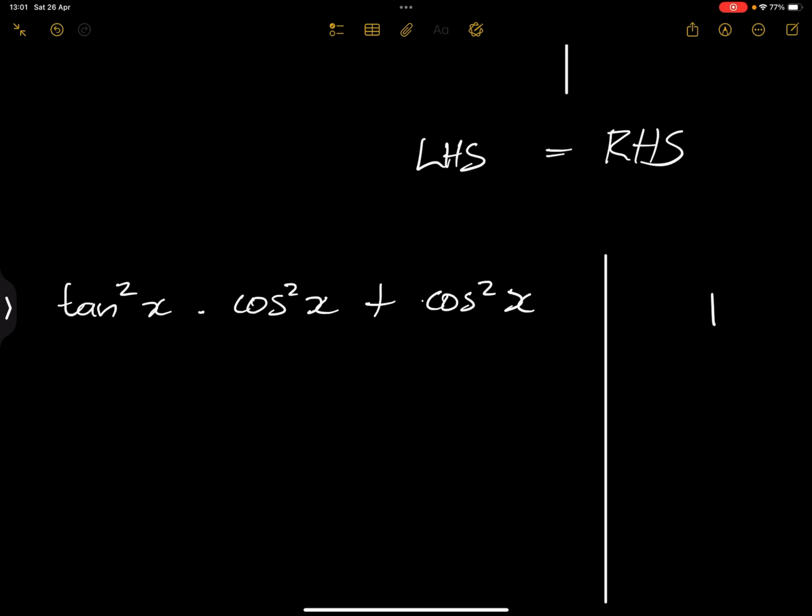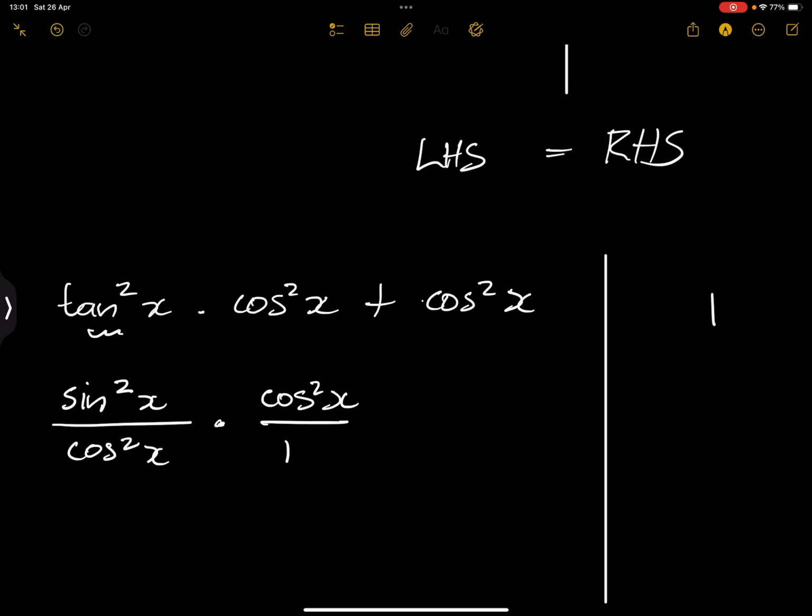We said firstly, we change everything into sine and cos. I've got tan over there, so tan squared would be sine squared of x divided by cos squared of x. This is multiplied by cos squared of x. Remember, I can write this as a fraction and say divided by 1.